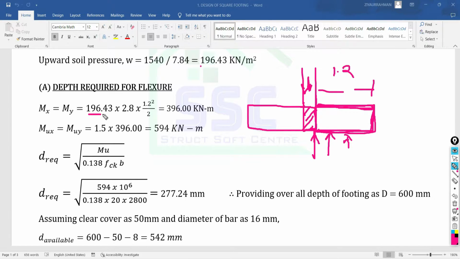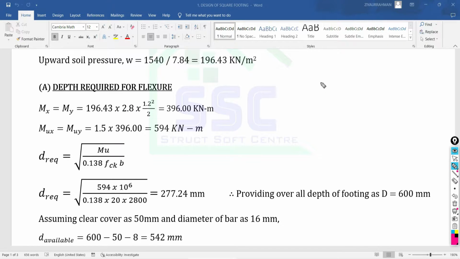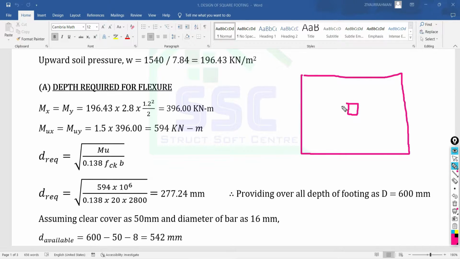The upward soil pressure is 196.43, and as it is a cantilever, try to understand: 196.43 multiplied by the width. Very important point. Suppose this is the square footing and this is the column, and we are going to do the calculation for finding the moment along the length of the footing.